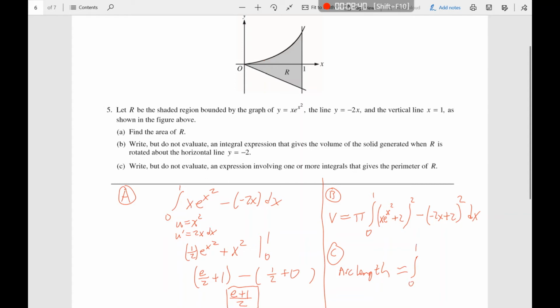Okay. I think you said it earlier, but we kind of backtracked for the integral. So integral from 0 to 1 of what? Right, square root of... Okay.